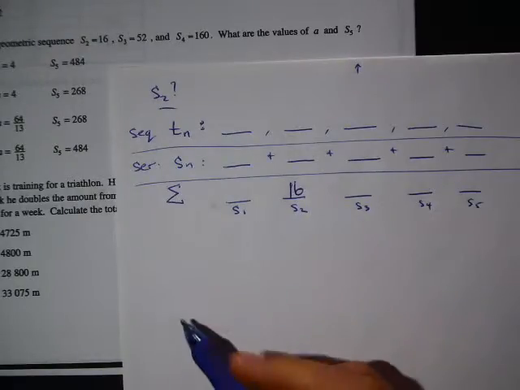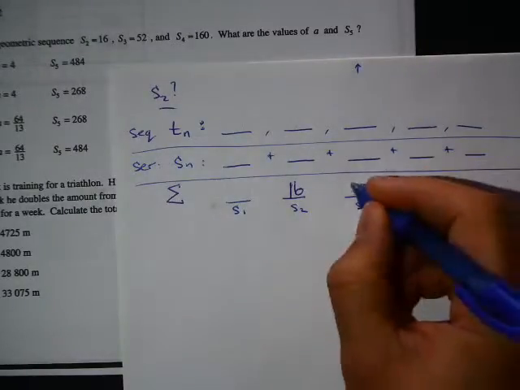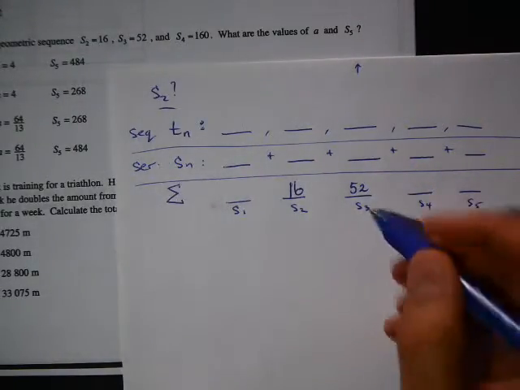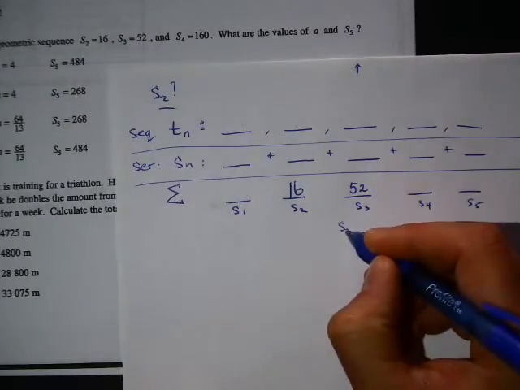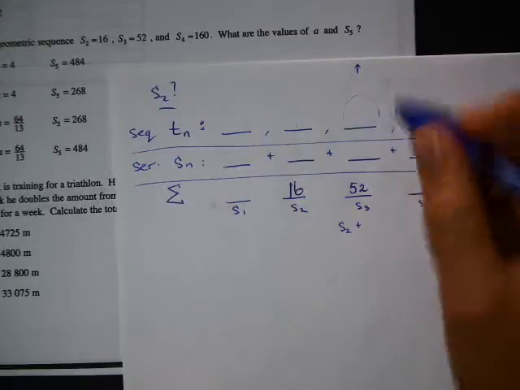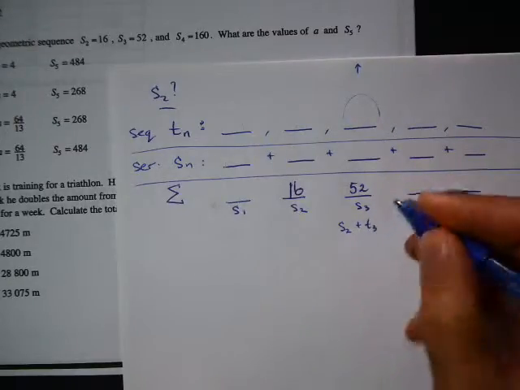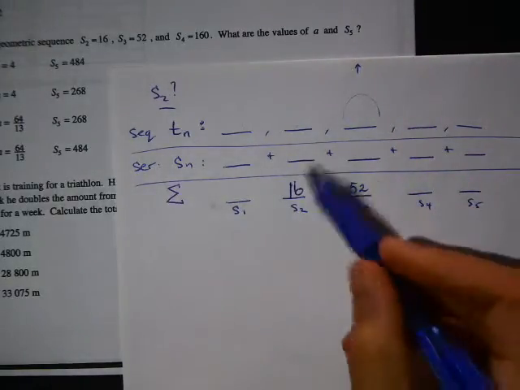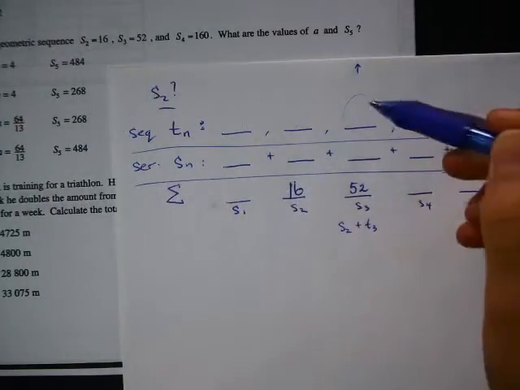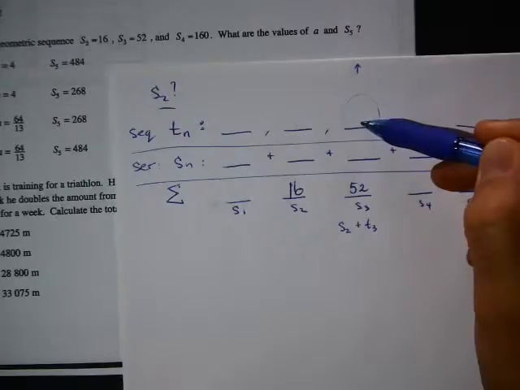So let's look at S3. Let's put in S3. It's 52. Well, what does S3 mean? S3 means S2 plus whatever the third term is. 52 means all of what was added up together in front plus whatever the next spot is.